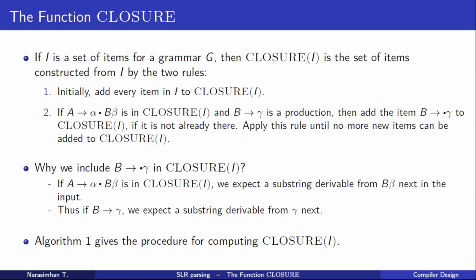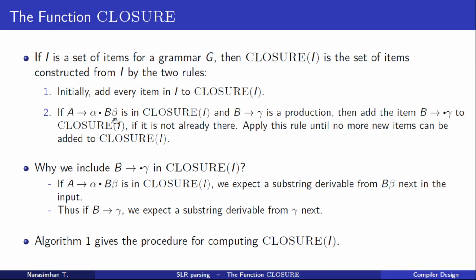Let us try to understand what this says. You have the item set I. In that set you have an item of the form A gives alpha dot B beta. Now if you concentrate on this item, you find that dot is to the left of B beta. That means in the input, next you expect a substring derivable from B beta.